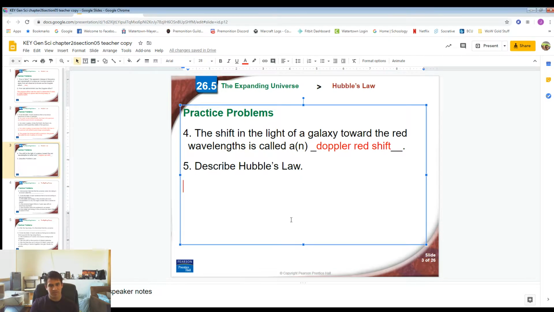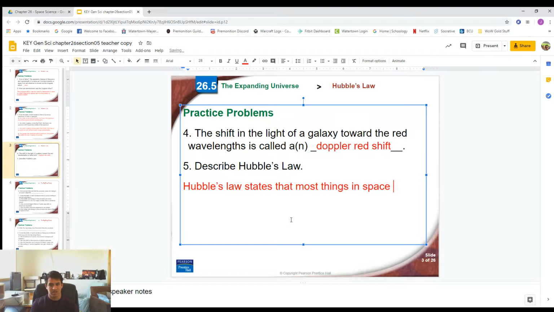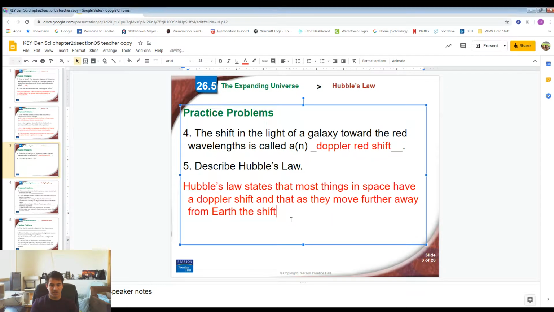So Hubble's law states that most things in space have a Doppler shift, and that as they move further away from Earth, the shift gets larger. You can say in parentheses, the object is accelerating.